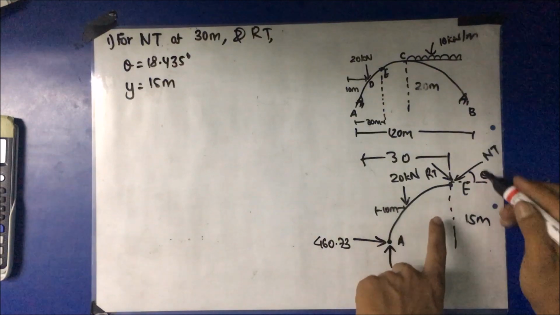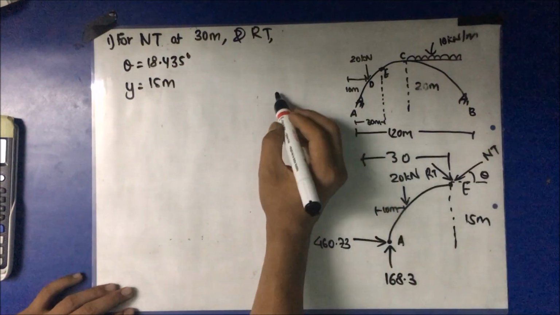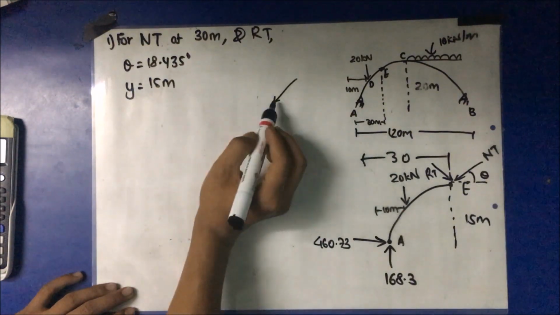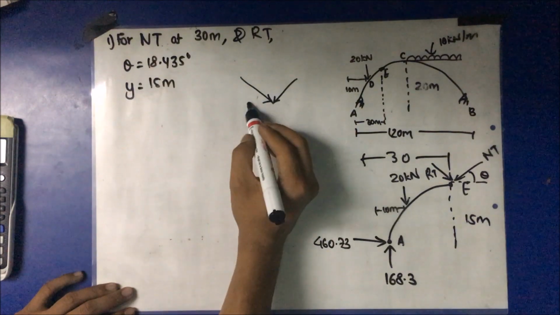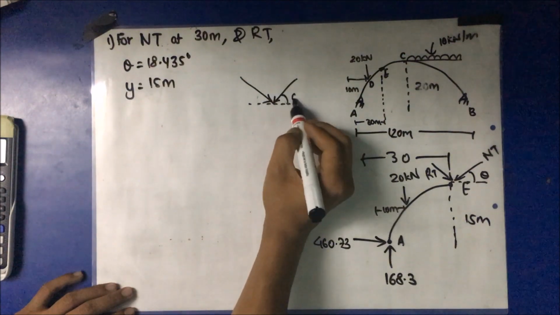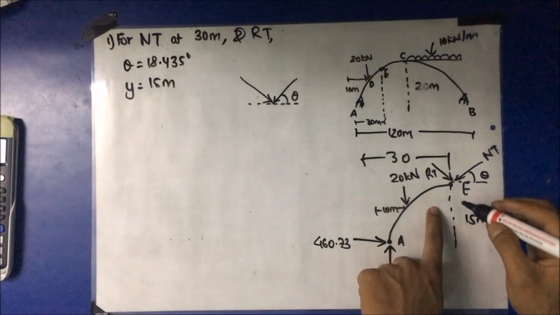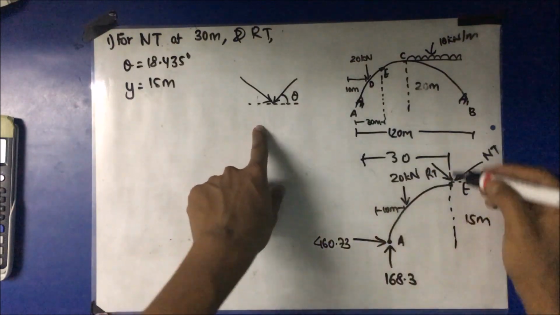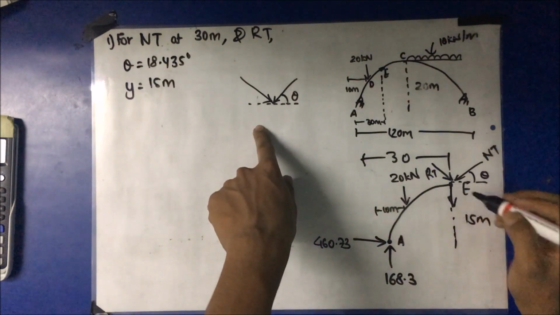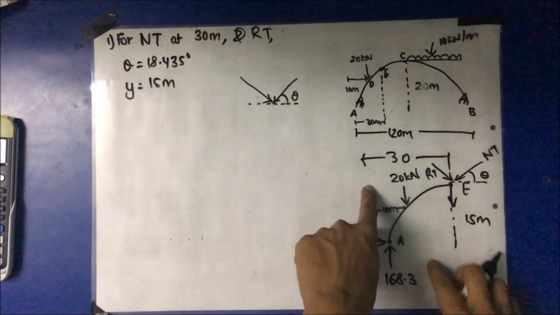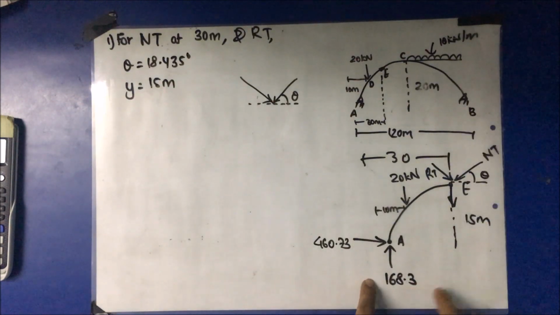So resolving normal thrust, if we see theta, resolving the vertical force, 20 kilonewton acts downward and 168 acts upward.